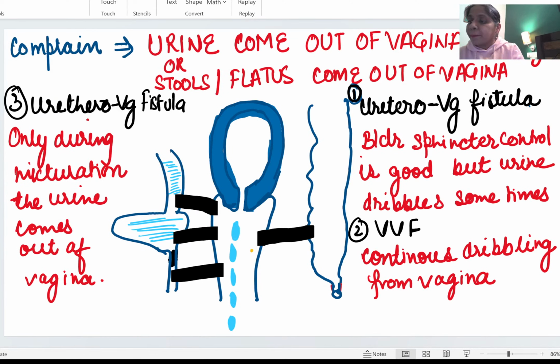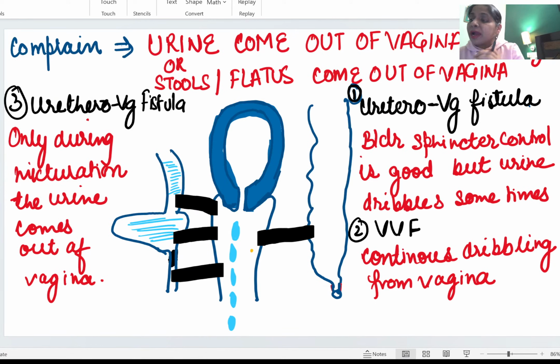The patient will say that urine is coming out of the vagina.